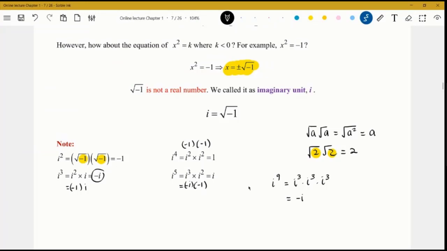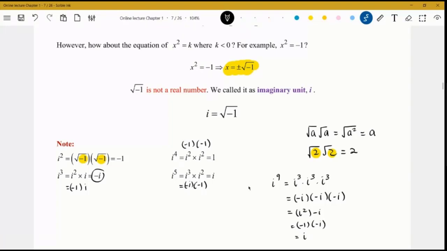So negative i, negative i, negative i. So negative i darab negative i adalah positive i square, ini adalah negative i. I square adalah negative 1. So negative 1 darab dengan negative i, kita akan dapat positive i.